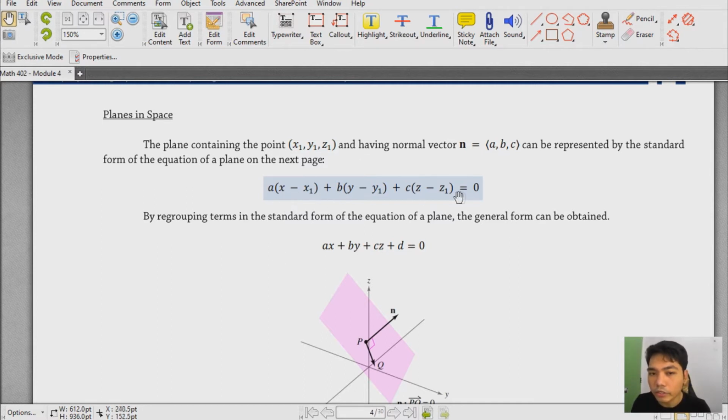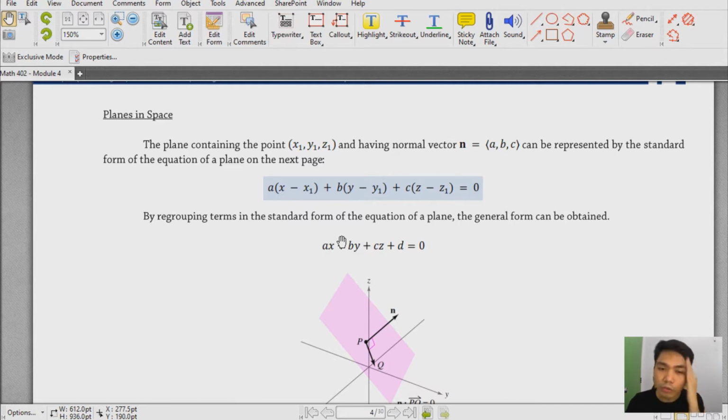In general form, we can deduce itong ating standard form. So, we have ax plus by plus cz plus d equal to 0. So, ito are planes in space because lahat ng degree ng ating x, y, z ay degree 1. So, if ever na magkaroon dito ng squared or cube or any exponent na more than 1, then it is expected na hindi na plane yung ating kakalabasan.